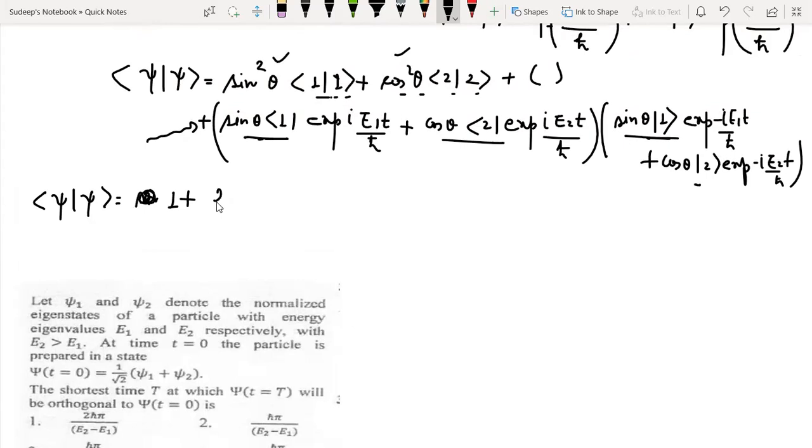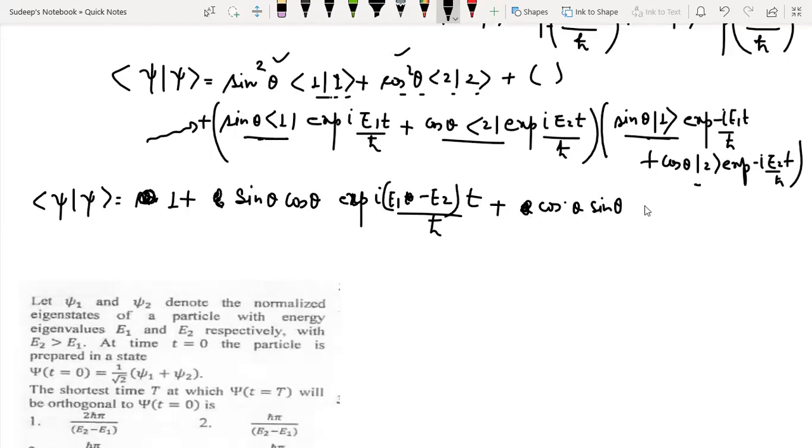So the mixed term would be equal to 2 sine theta cos theta exponential of iota (E1 minus E2) t upon h bar ket, plus cos theta sine theta exponential iota (E2 minus E1) t upon h bar ket, and then this entire thing multiplied by bra 1 ket 2.